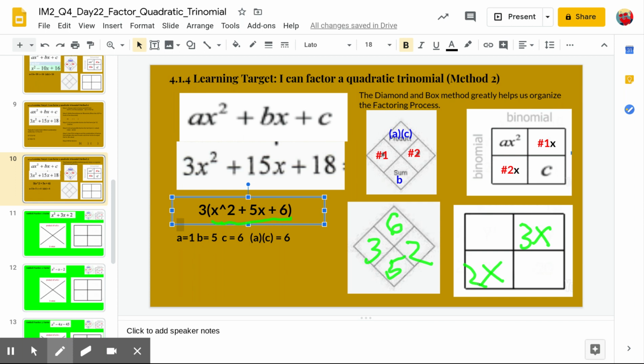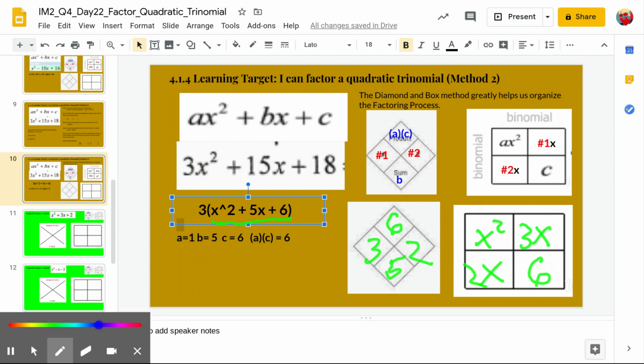So that's just going to be the 1x squared. And then our lower right box is the c value. So our c value is 6. And we just have to be careful. It's easy to make a mistake. You look back at the wrong trinomial and you could accidentally write 18 there. Happens all the time. So you just got to be very careful. When you pull out a GCF, remember which trinomial you are factoring at that time.